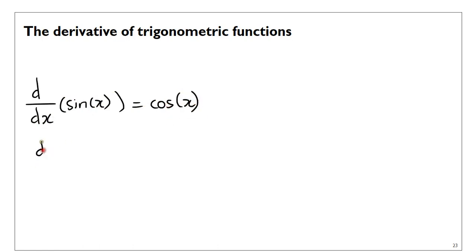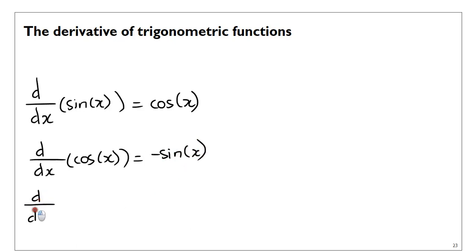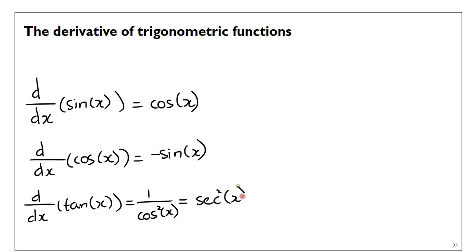The derivative of cos x is negative sin x, and the derivative of tan x is 1 over cos squared x, which is also sometimes written as sec squared. So sec x is 1 over cos.